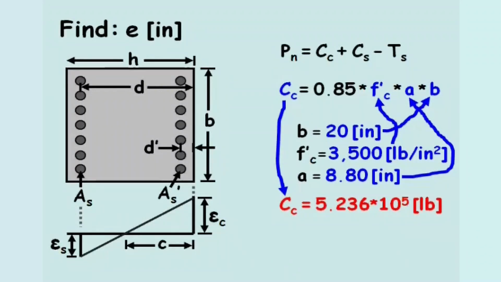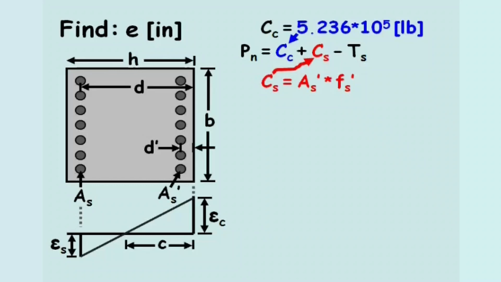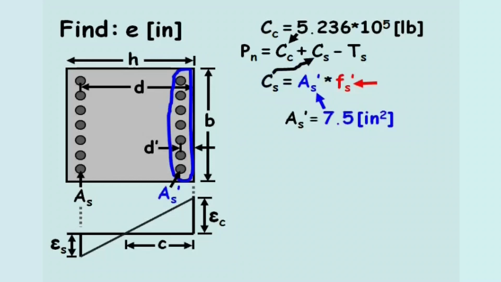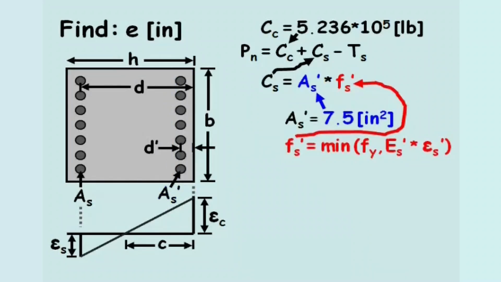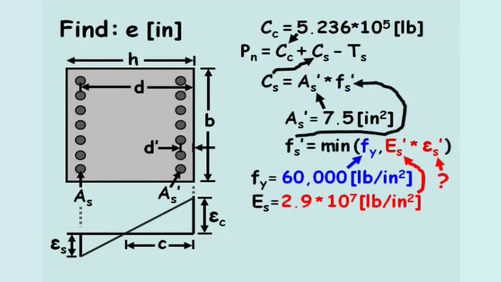Next we'll solve for the compression force in the compression steel, CS, which equals the area of compression steel, AS prime, which is 7.5 inches squared, times the stress in the compression steel, which equals the minimum value of the yield stress in the steel, Fy, which we know equals 60,000 pounds per square inch, and the product of the Young's modulus and the strain in the compression steel.